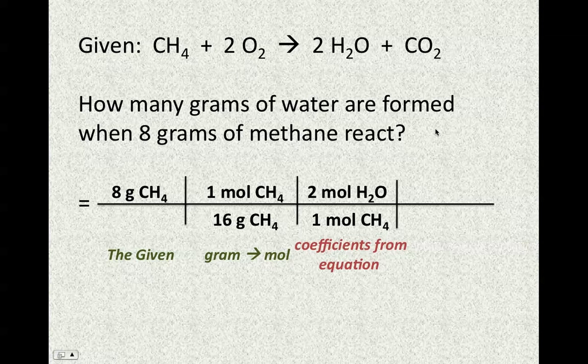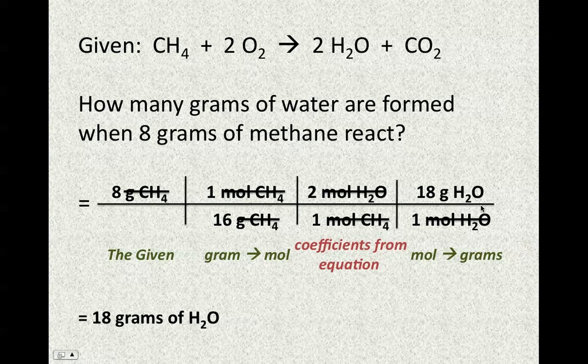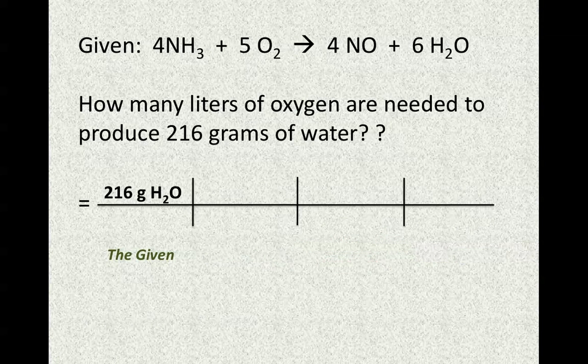And then finally, since I'm in moles of water, I can now go to grams of water using the GFM of water. You can see in this case that we get to cross out all of our units. We're left with our target unit, which is grams of water. When I multiply across the top and divide by the bottom, I get 18 grams of water.